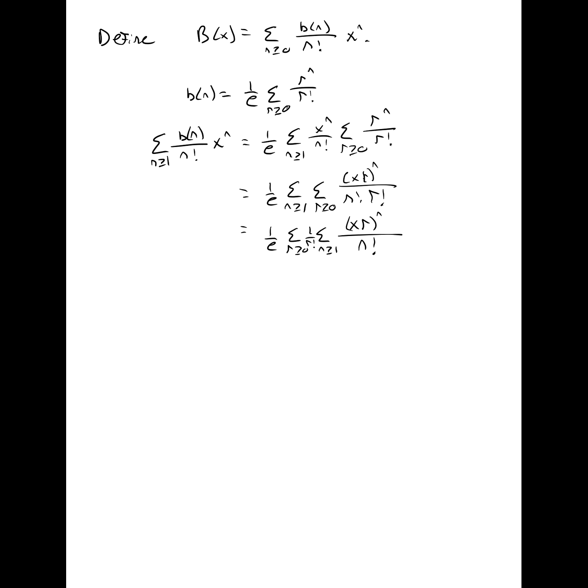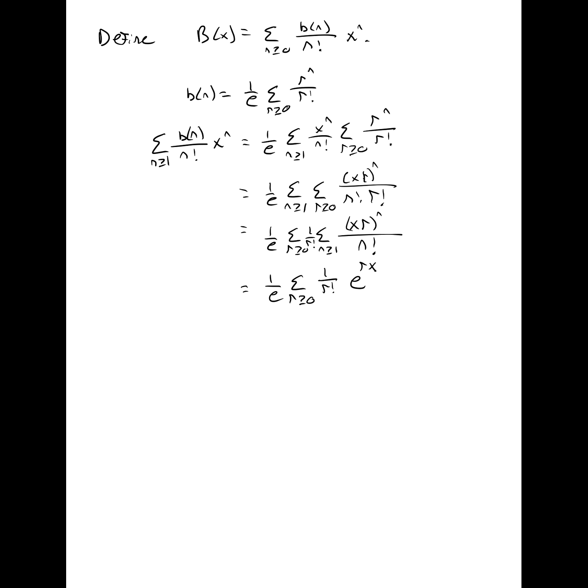But the reason we want to write it like this is because this looks exactly like the power series for e to the x, or at least e to the rx. So I still have this sum, but this piece, and I'll try to circle it with my little highlighter here, is going to be e to the rx.